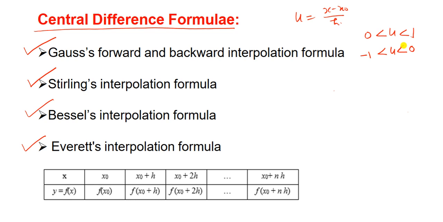And if the value of u is greater than or equal to -1 upon 4 and less than or equal to 1 upon 4, then we apply the Stirling interpolation formula.